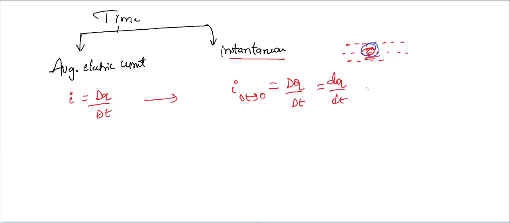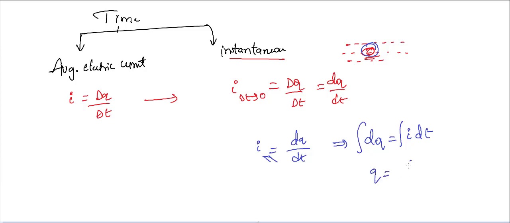Now just integrate this dq/dt. Cross multiplying, we get dq = I dt. Now integrate this, and we get the charge, with I constant or I variable, that is, depending upon time or not. Using that we can find the charge.